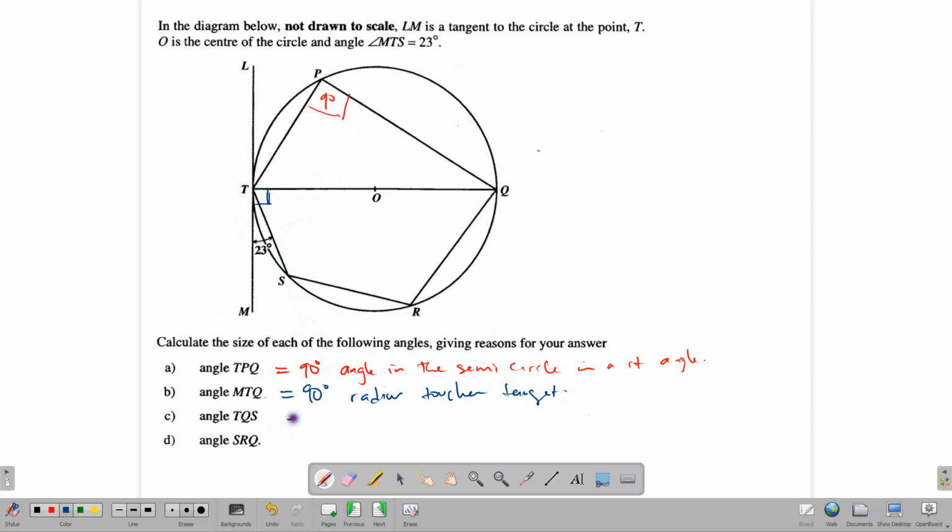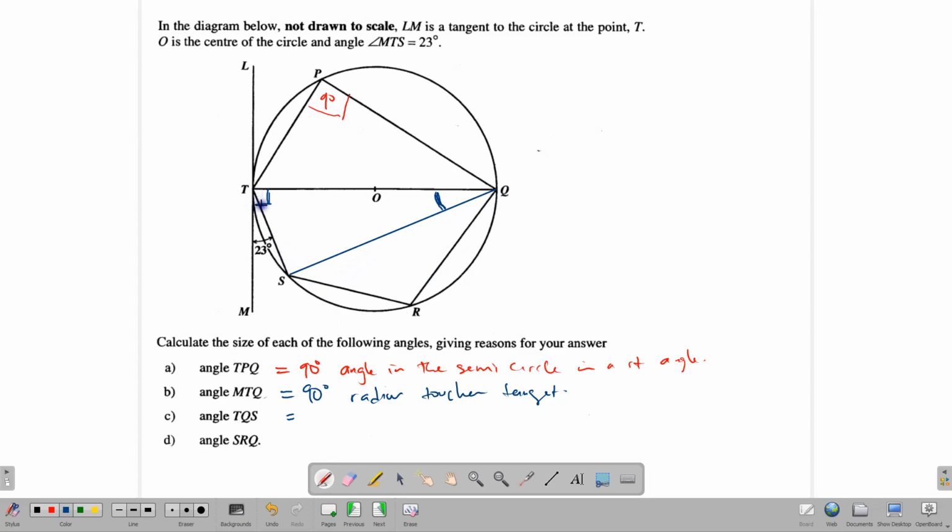All right, next one, TQS. Notice that that angle is not even drawn in the diagram. So let's put it in. Let's draw a straight line here. Now we have our angle TQS. So now let's mark it.